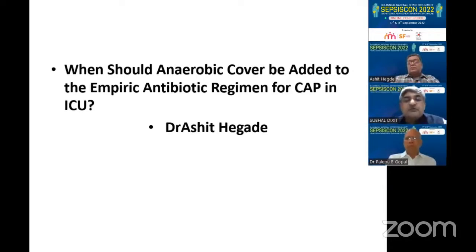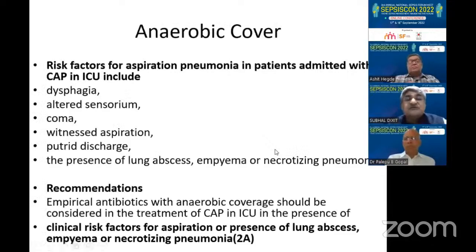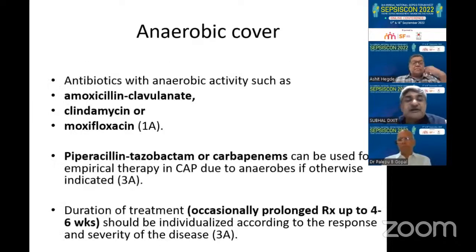Right. Thank you, Ashit. We would like to go to the next question. Before we go on, just to sum up what he rightly said, those patients who are having aspiration or purulent discharge, lung abscess, empyema, or necrotizing pneumonia, you should consider adding anaerobic cover. And of course, empirical antibiotics with anaerobic cover should be considered only in the presence of these conditions, abscess or necrotizing pneumonias.